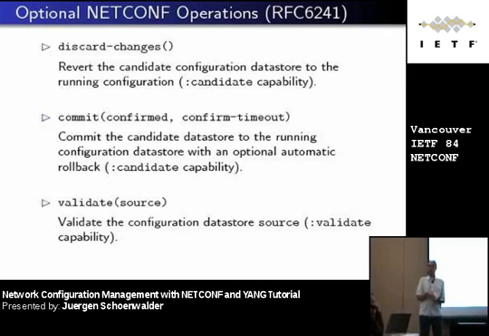If I don't come back within a minute, you do the rollback. So you can specify a time window. And if for whatever reason the new configuration is not consistent, you essentially have to do nothing. You just wait, and then it rolls back to the previous state.